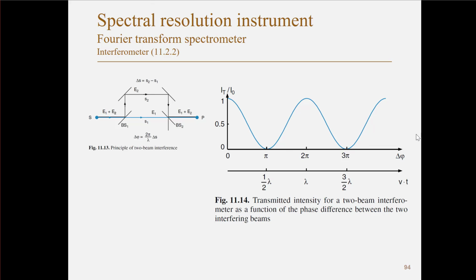The oscillation frequency of this pattern, compared to how far we have moved these back, will tell us what frequency our light source had. Because this depends on lambda, if we had a different wavelength or a different frequency of light source, this pattern would look different.